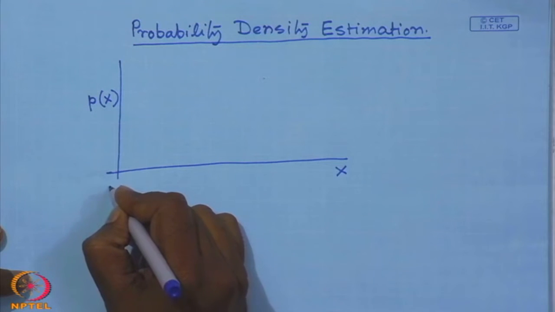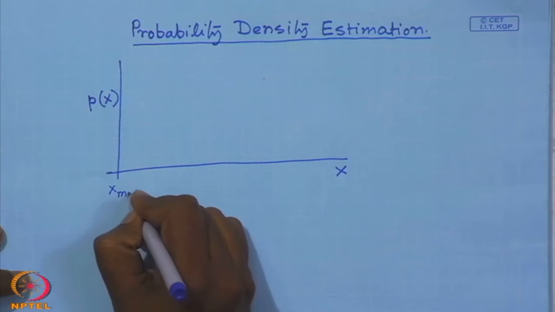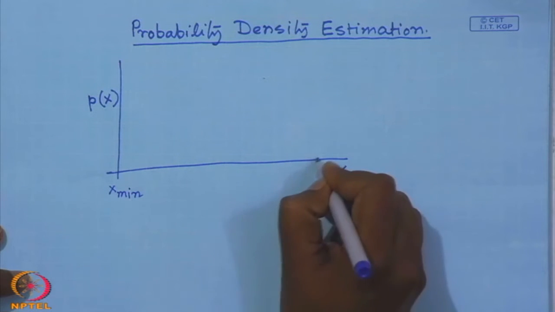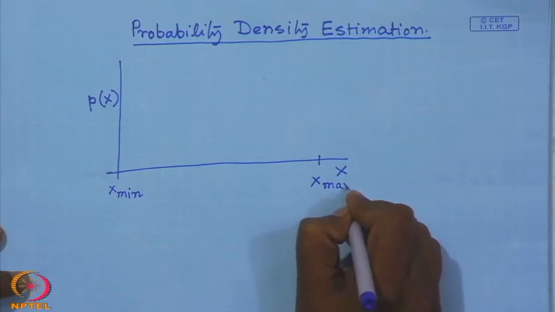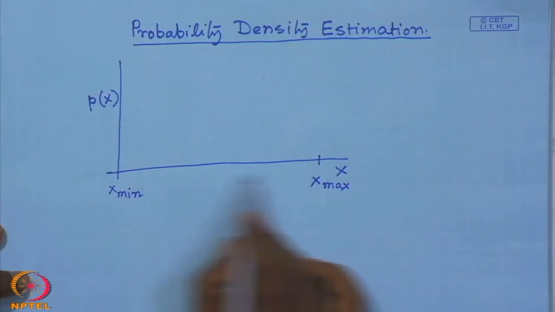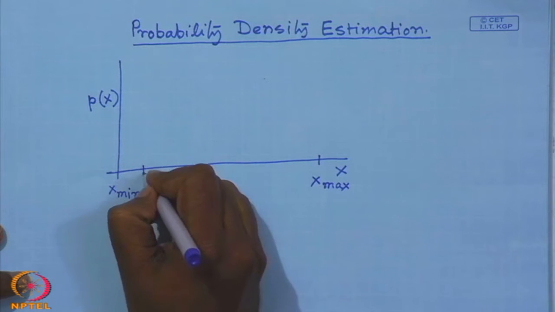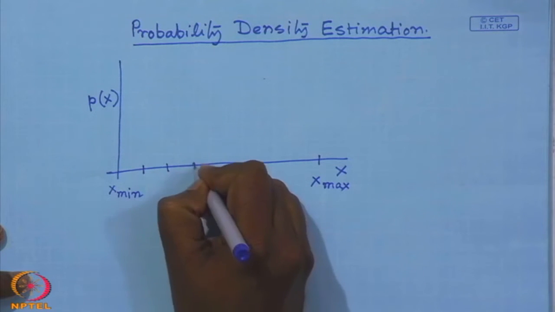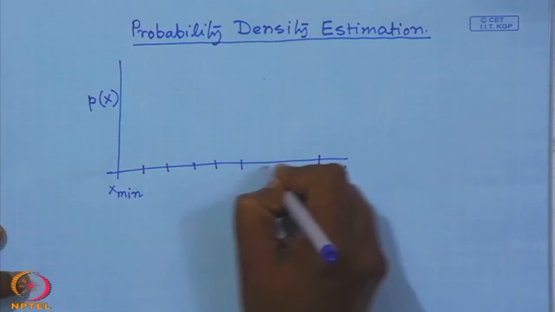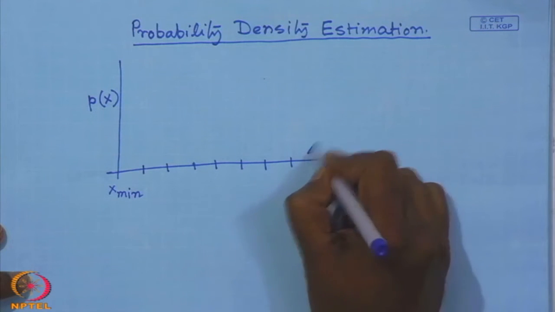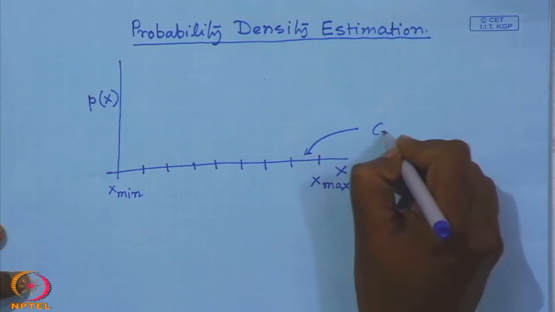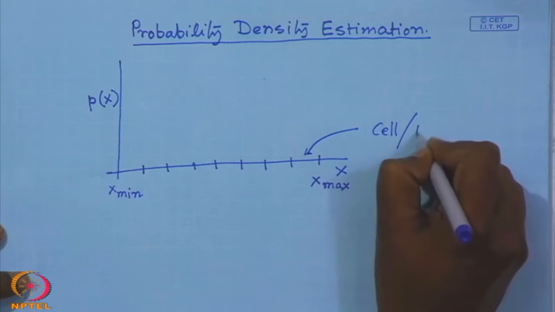So, what we have done is, suppose this is the minimum value of x, or let me put it as x min, and this is the maximum value of x that I can have, say x max. So, this range of x is divided into a number of intervals. And each of this interval is called a cell or a bin.